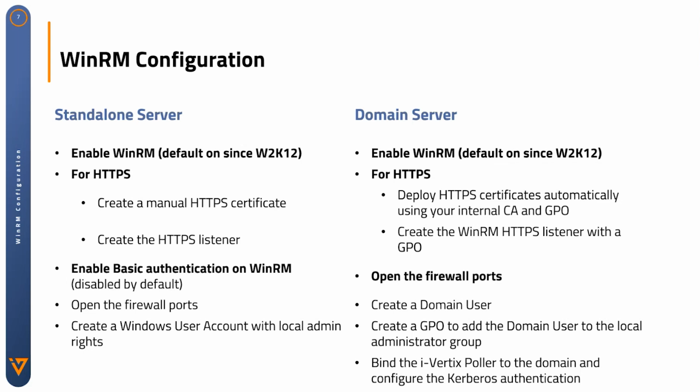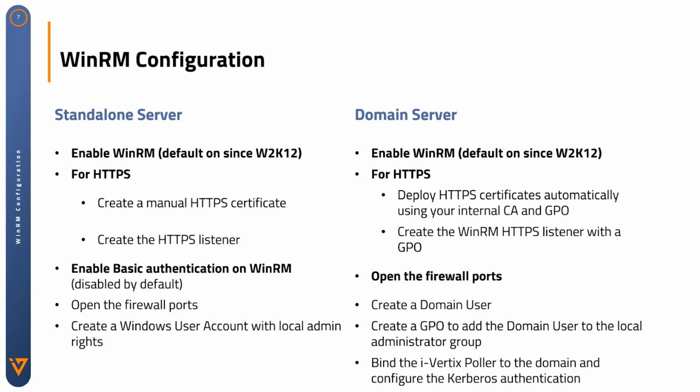If you want to use HTTPS for the communication, then we need an HTTPS certificate, and we need to configure the HTTPS listener using the certificate so that the communication is encrypted. These two things are similar for both standalone and domain.